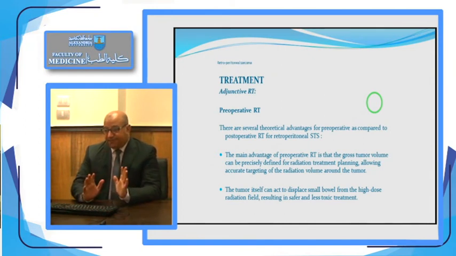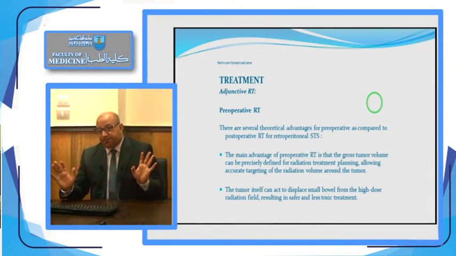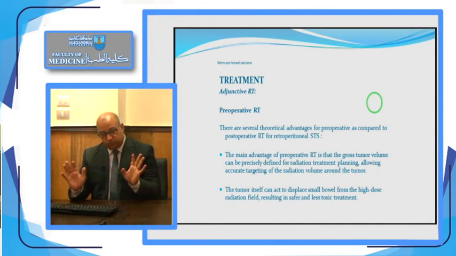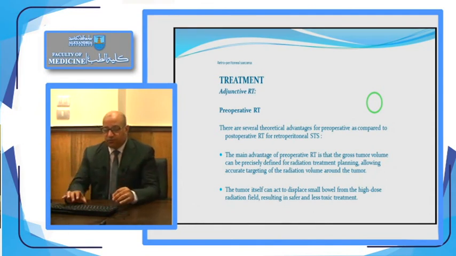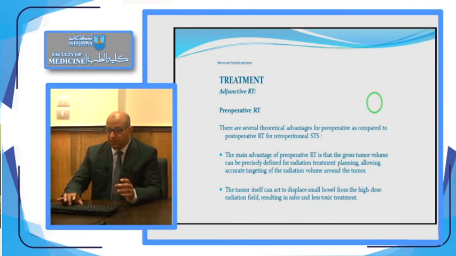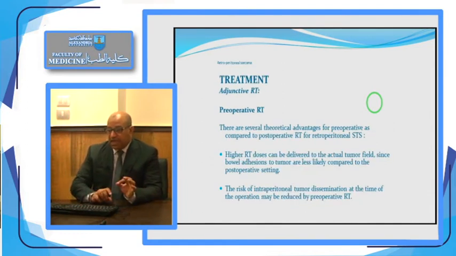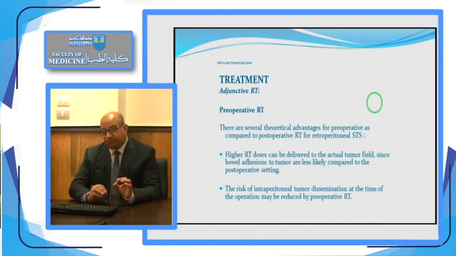The tumor itself can act to displace the bowel away, preventing the higher dose of radiation from reaching the bowel, which would otherwise be complicated by radiation enteritis with multiple fistulae later on. Higher radiotherapy doses can be delivered to the actual tumor field, since bowel adhesions to the tumor are less likely compared to the post-operative setting.